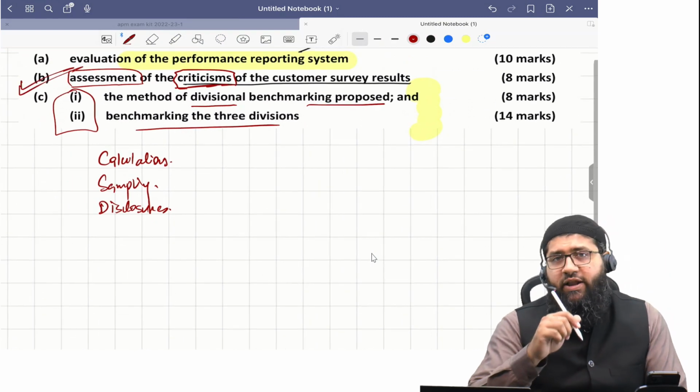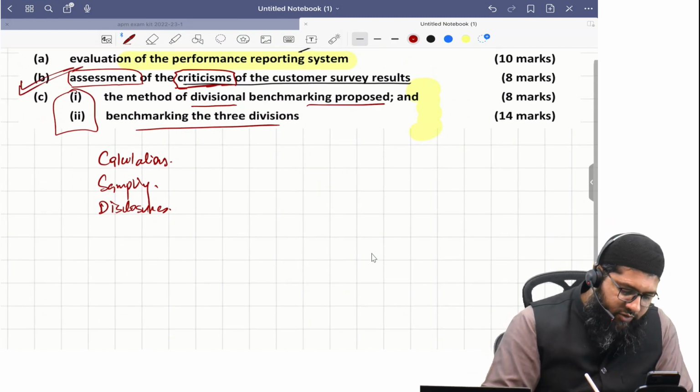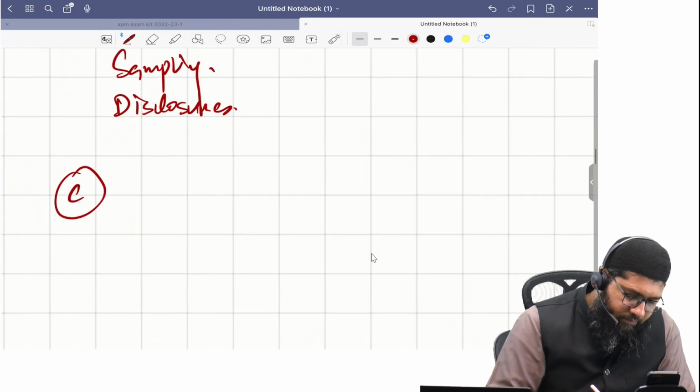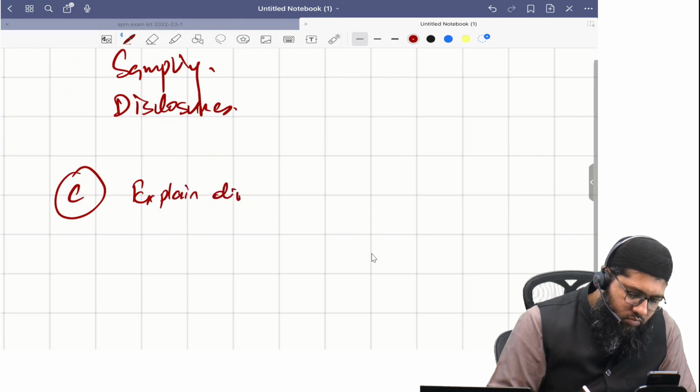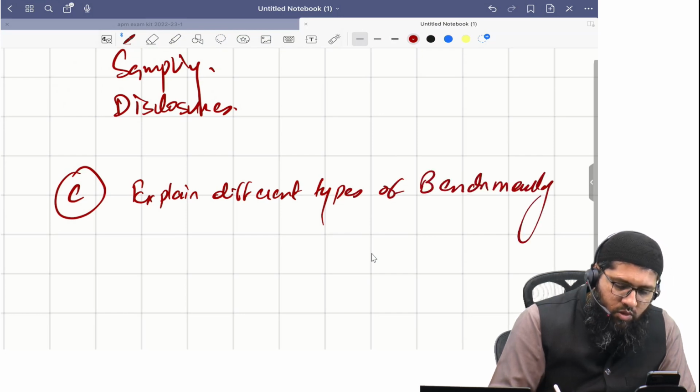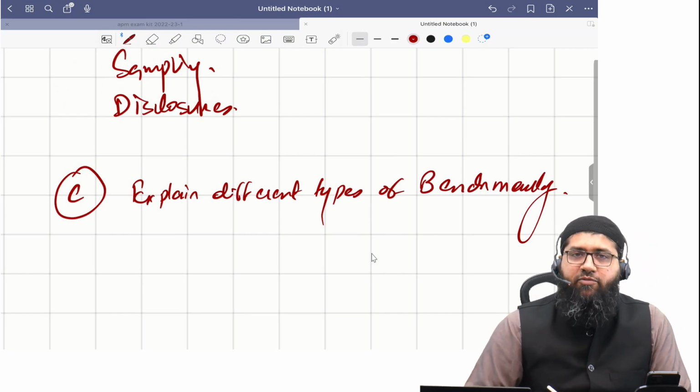So basically, what is it that we need to do with respect to it? Part C, we need to explain the different types of benchmarking.